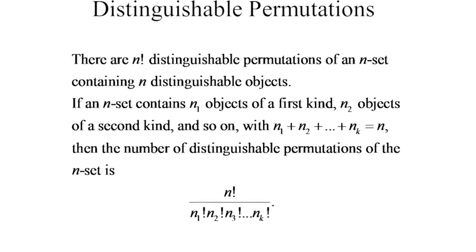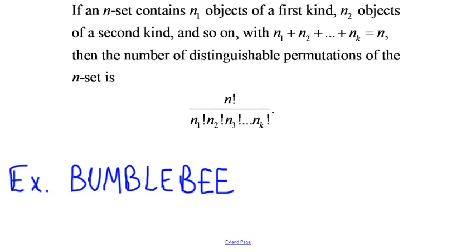Okay, so if we look at an example similar to the last problem, suppose we have the word bumblebee. Okay, we want to determine how many different ways could we arrange the letters in the word bumblebee. So what we're going to use is the basic idea of a permutation. We got to count how many total letters there are, which is 9.